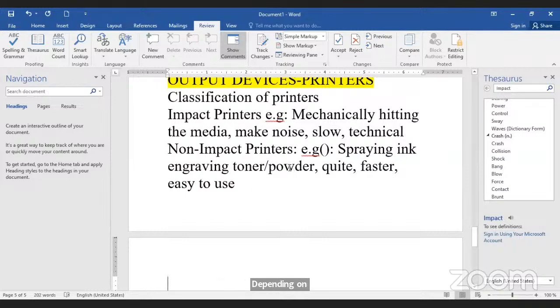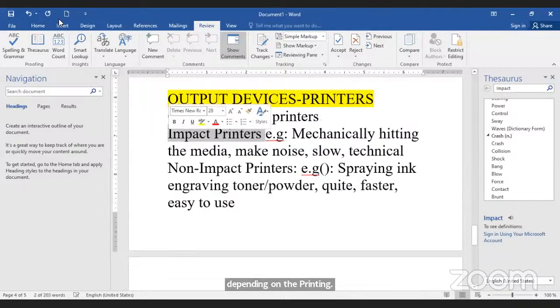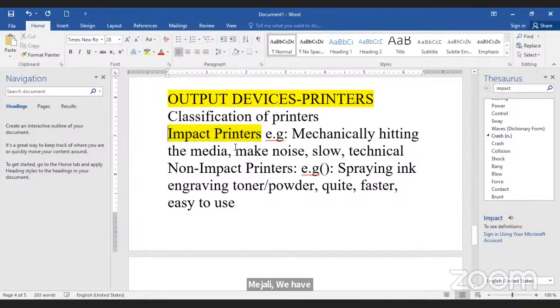How does it print? Depending on the printing style. So we can classify a printer depending on the printing style. So majorly we have impact printers. Then we have non-impact printers.